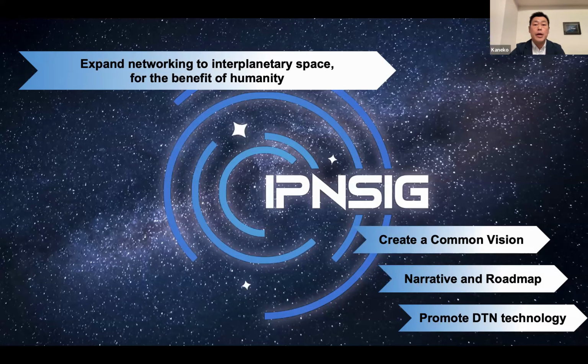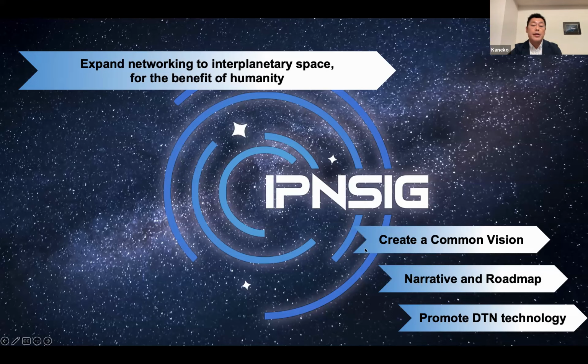So I want to start by talking a little bit about ourselves. Some of you may be already familiar with the IPN-SIG, but we are a US nonprofit organization working to expand networking to interplanetary space for the benefit of humanity.